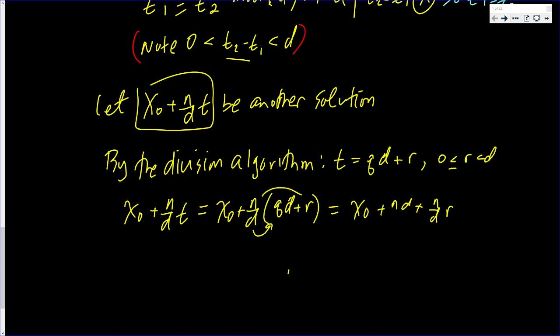Now that is congruent to x0 plus n over d times r mod n, simply because that's a multiple of n. And that's for all r's between 0 and d.